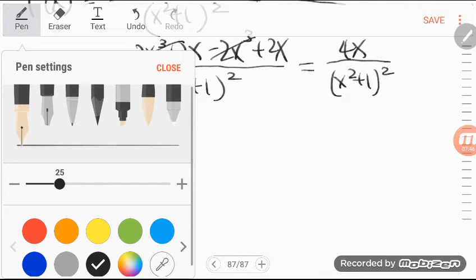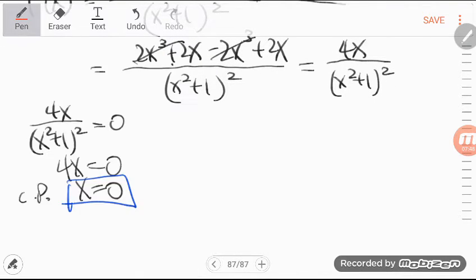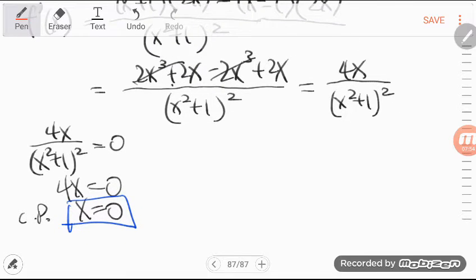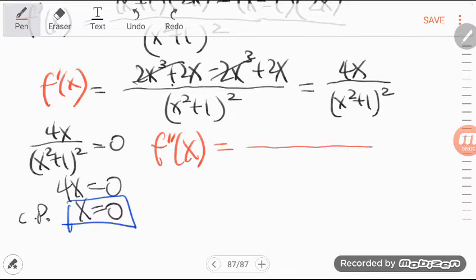I'm going to use red for the workings for my second derivative. So this is my f prime. For me to get my second derivative, I'm going to differentiate what I have here. Right? So same thing, quotient rule. So I'll have x squared plus 1 squared, and that whole thing squared.